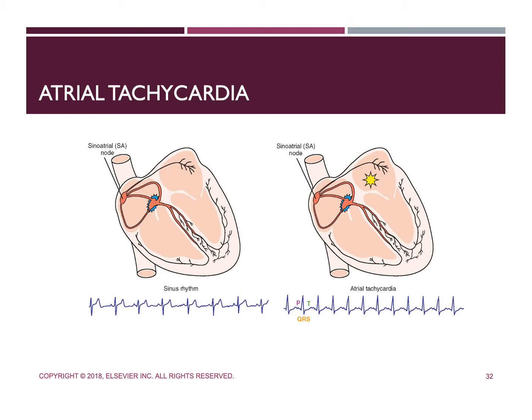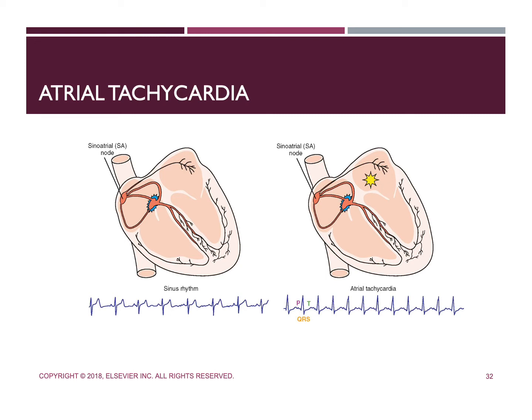So with AT, the conduction of the atrial impulse to the ventricles is often 1-to-1. What that really means is that every atrial impulse is conducted through the AV node to the ventricle. And what this results in is the P wave will precede each QRS complex. Now, although that P wave appears upright, they tend to look different from those seen when the impulse is initiated from the SA node.